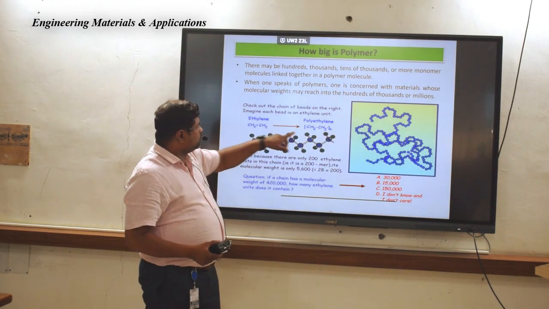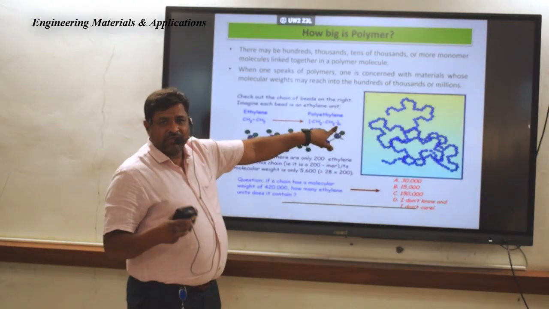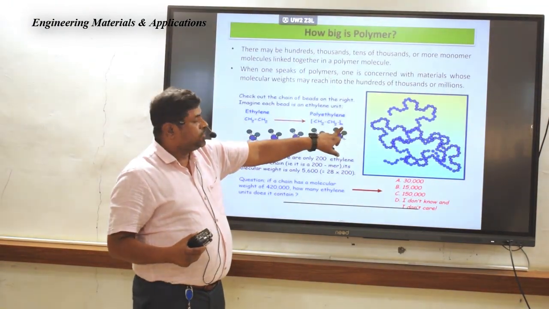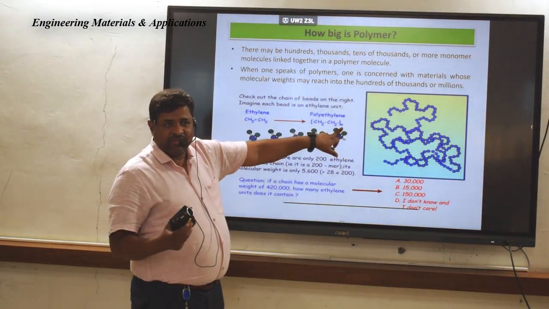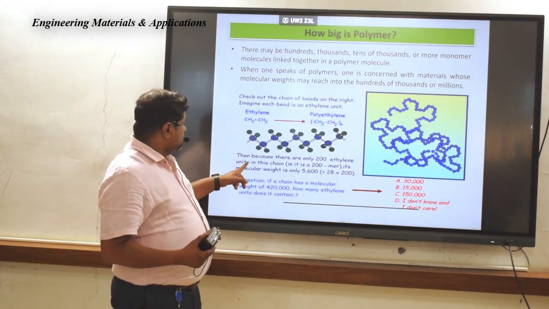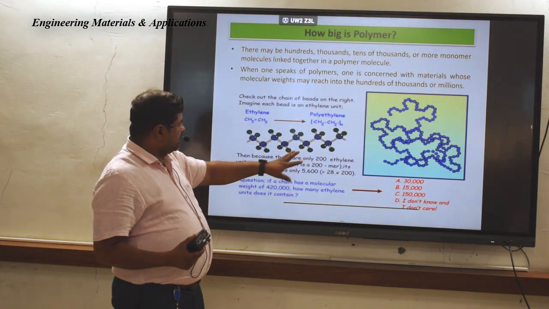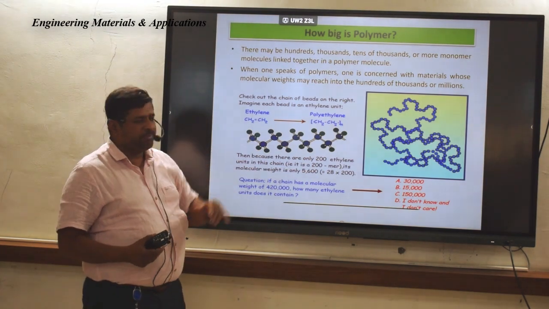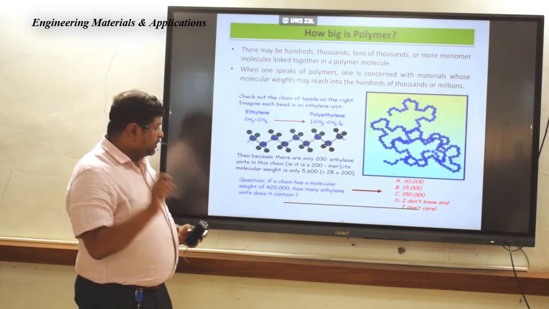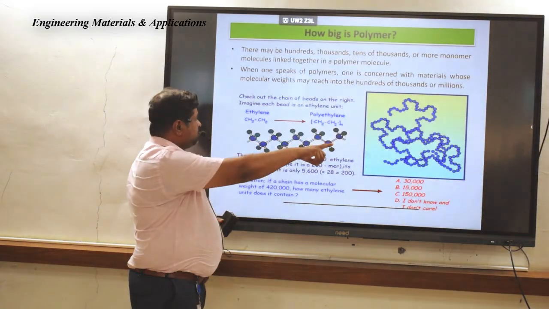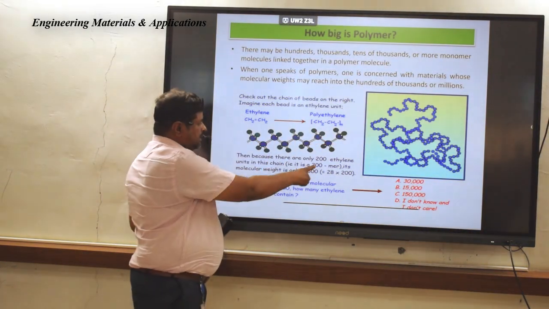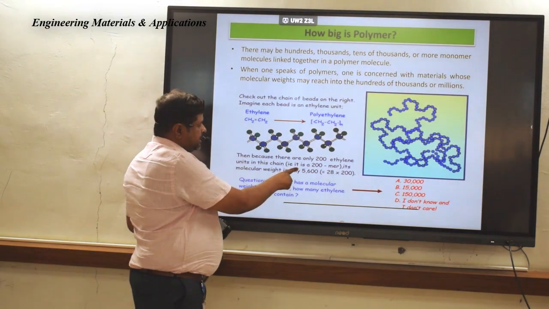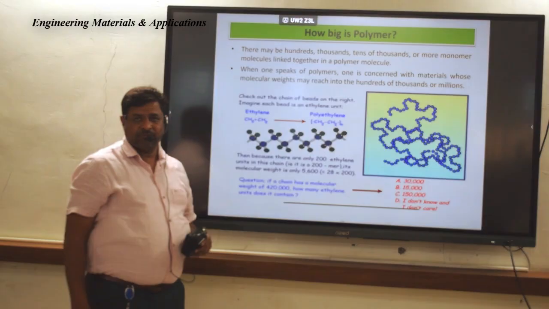The more ethylene molecules there are, the more polyethylene members will form in that polymer. Here they have given only 200 ethylene units in this chain. That means it is 200 monomers.